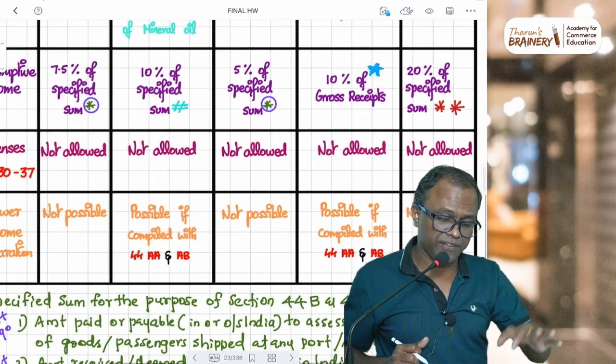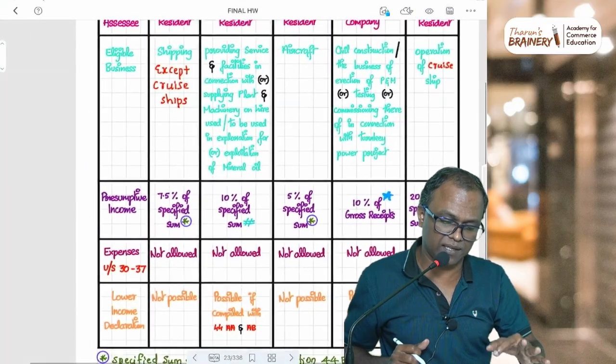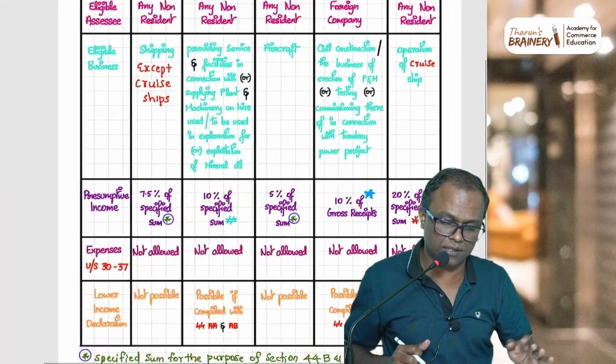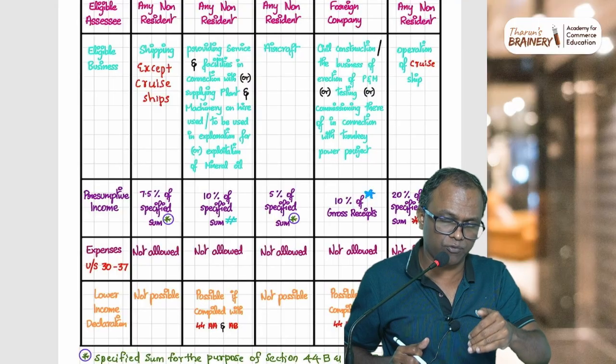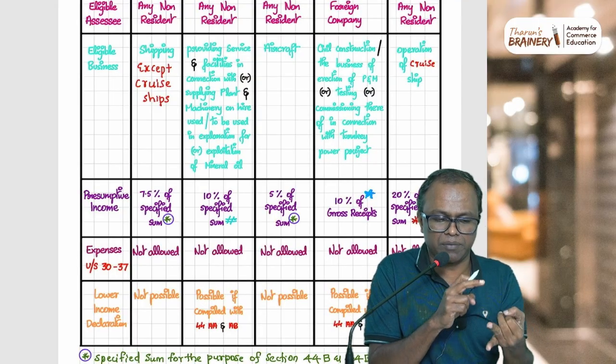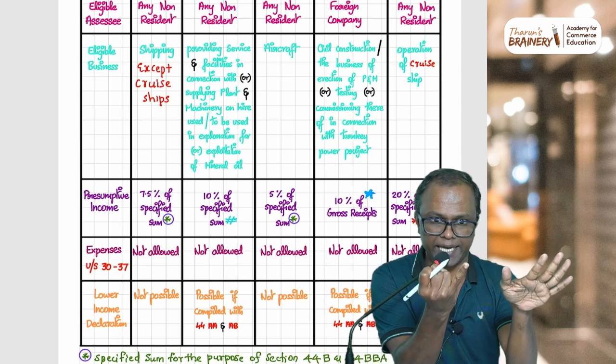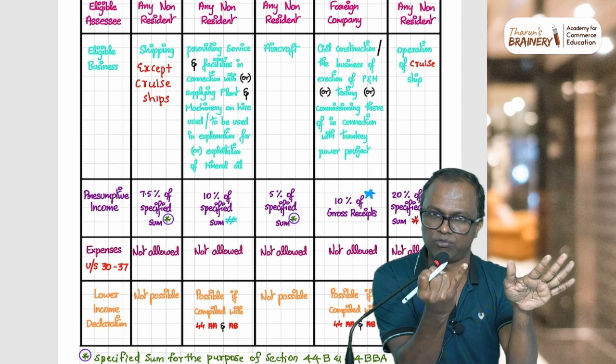So specifically regarding PGBP for non-residents, there are total six sections under the PGBP provision: 44B, 44BB, 44BBA, 44BBB, 44BBC, and then 44DA. But 44DA is very important.